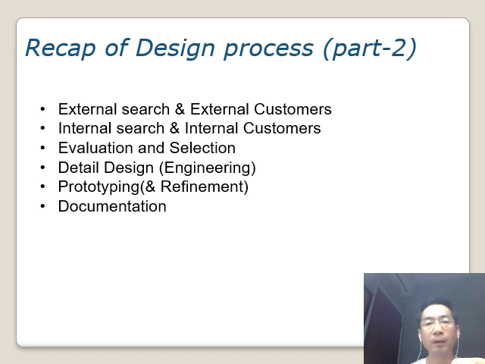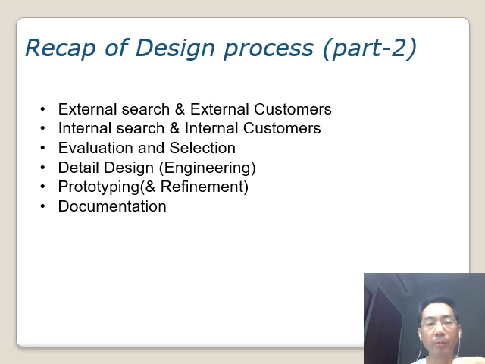Once you have generated enough ideas, we need to move on to the evaluation and selection process. So how can we choose the best ideas among all the generated ideas? Then we can move on with the detailed design. When we are doing the detailed design, we may involve mechanical engineering, electrical engineering, and maybe computer engineering also.